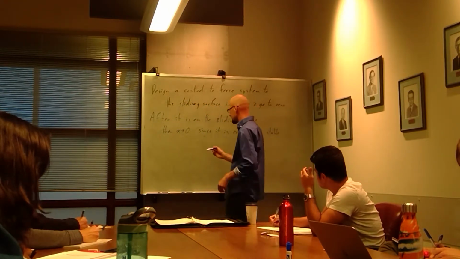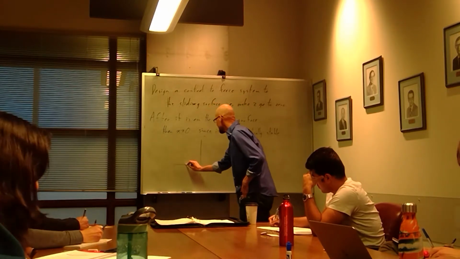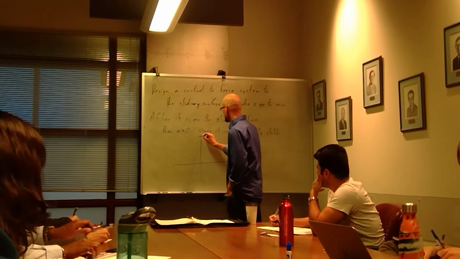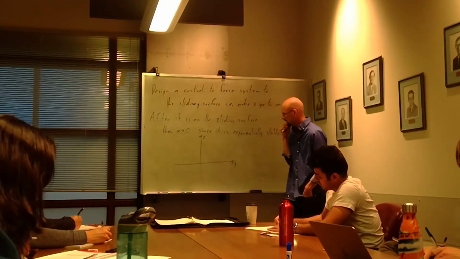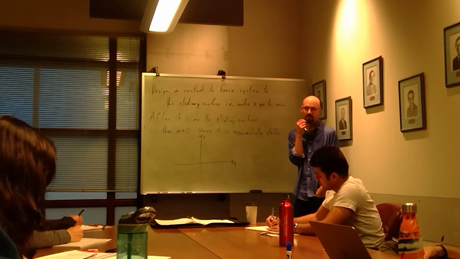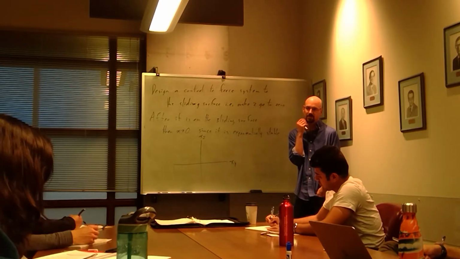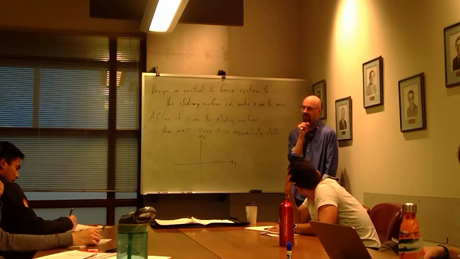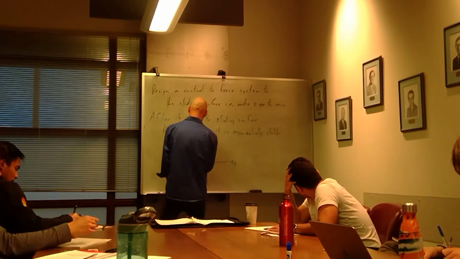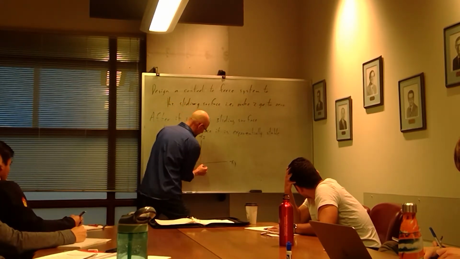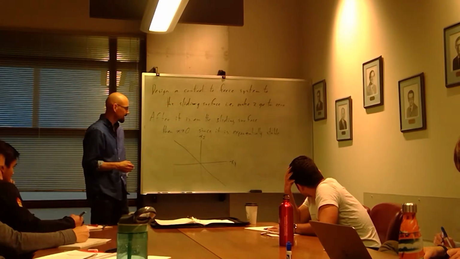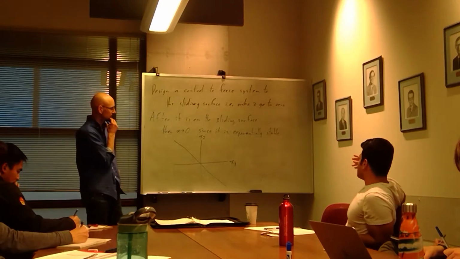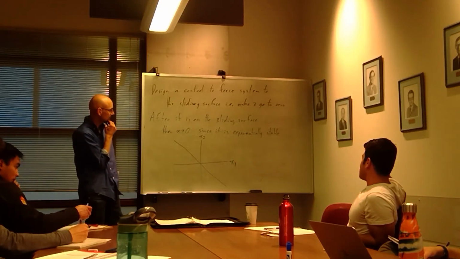The way this is usually drawn, you have x1 and x2, and x1 dot equals x2. If it's on the line like this, then that's the sliding surface. So x1 equals minus x2.